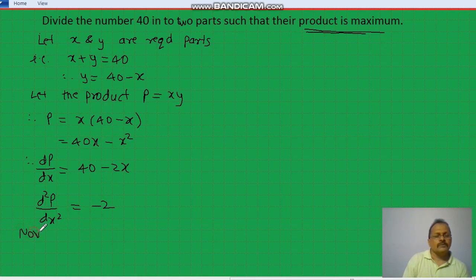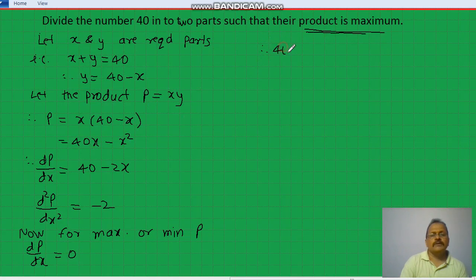Now for maximum or minimum P, dp by dx is equal to 0. Therefore now dp by dx is 40 minus 2x. 40 minus 2x equal to 0, and therefore 2x is equal to 40, and therefore x is equal to 20.